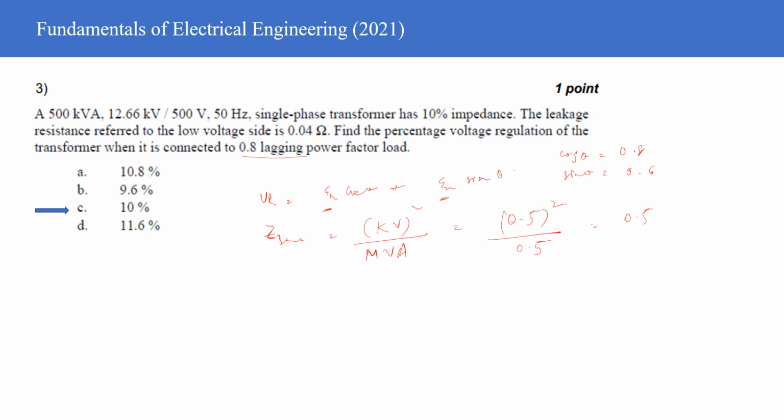And you have your Z base over here, right? So what is R? I have named it as ER, so let me call it ER. ER is nothing but R divided by Z base.